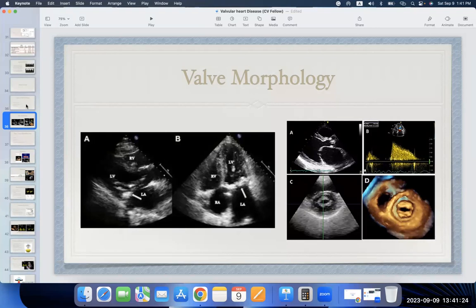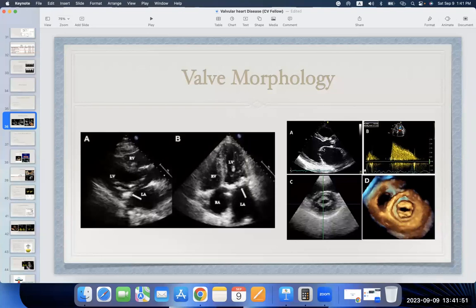So here you will see two patients, one on the left side and one on the right side. The one on the right side is typical for rheumatic heart disease, as I think most of you know. These patients have a commissural fusion here, and you have this fish mouth appearance of the mitral valve opening.